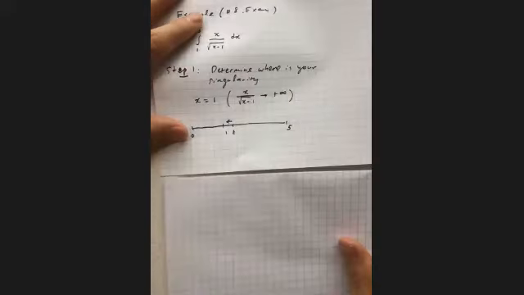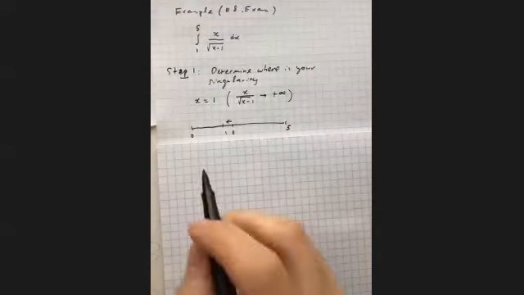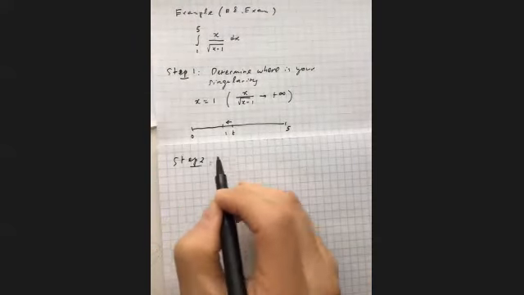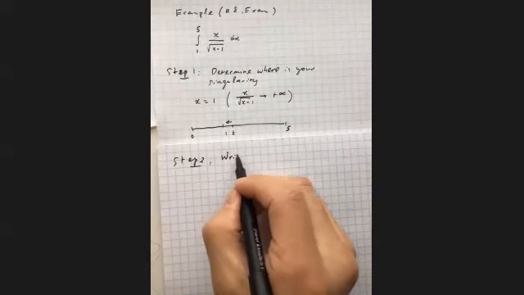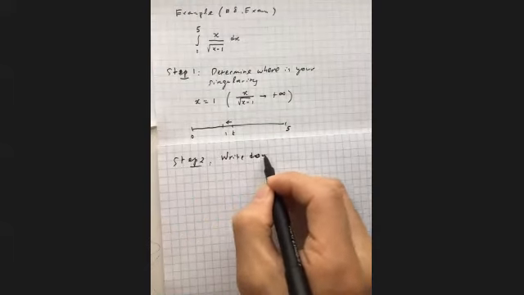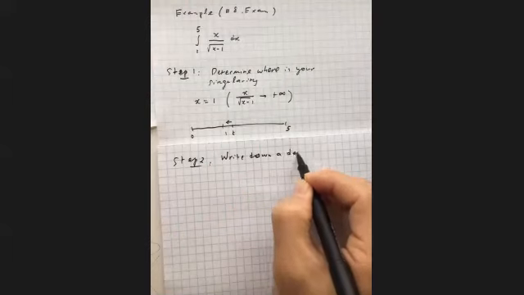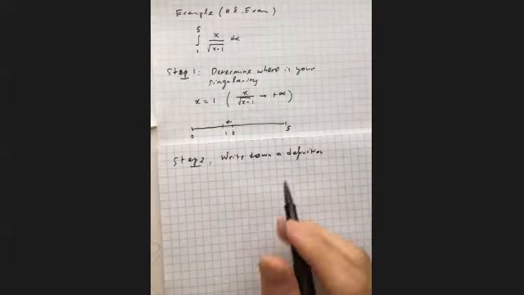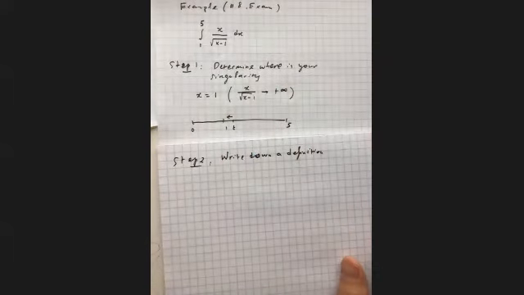So with that said, step 2 is to write down the definition. Because this is an improper integral, we are not going to define it directly. We always define it using limiting values of another integration.